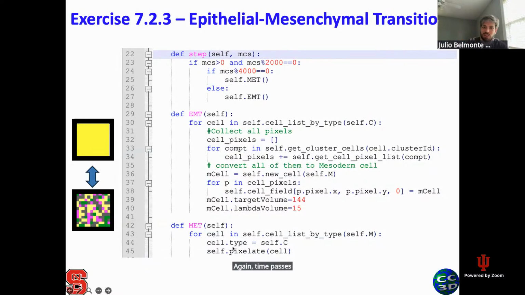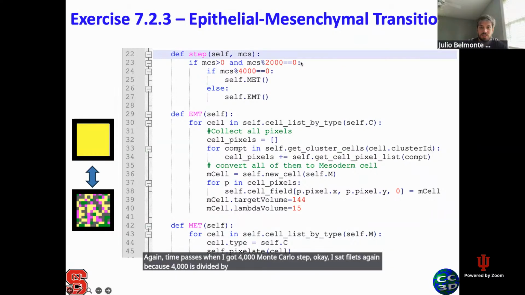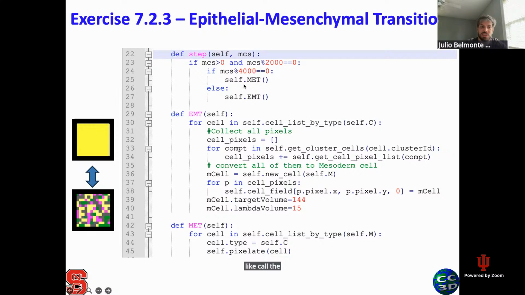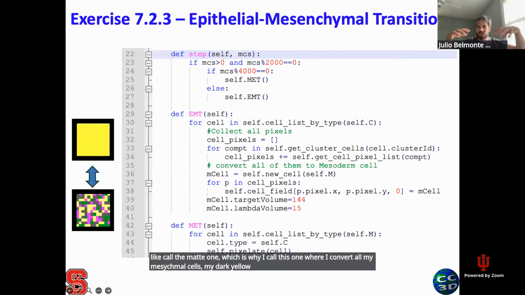When I get to 4000 Monte Carlo steps, I satisfy this condition again because 4000 is divisible by 2000, so I get into the transition, and then it is divisible by 4000, therefore I call the MET one, where I convert all my mesenchymal cells, my dark yellow cells, into cytoplasm and then I pixelize them.